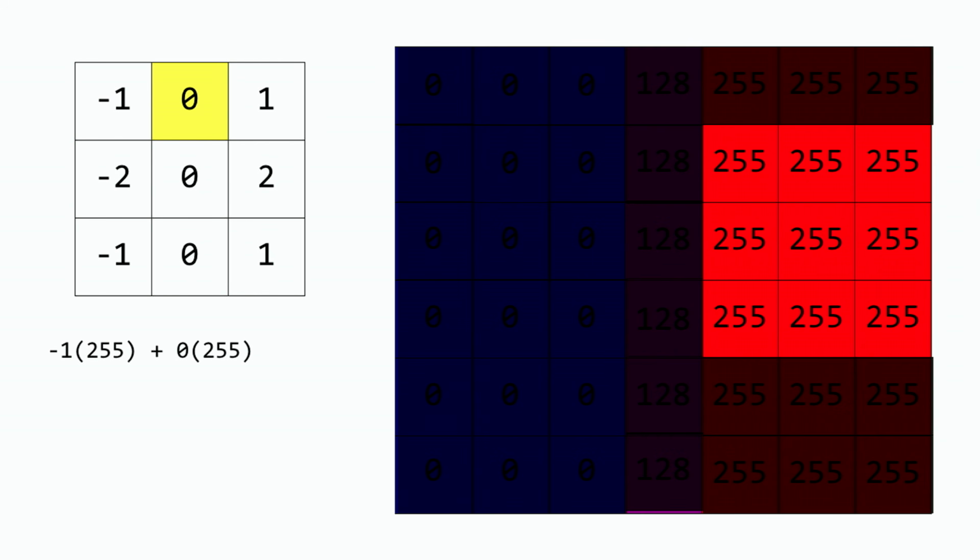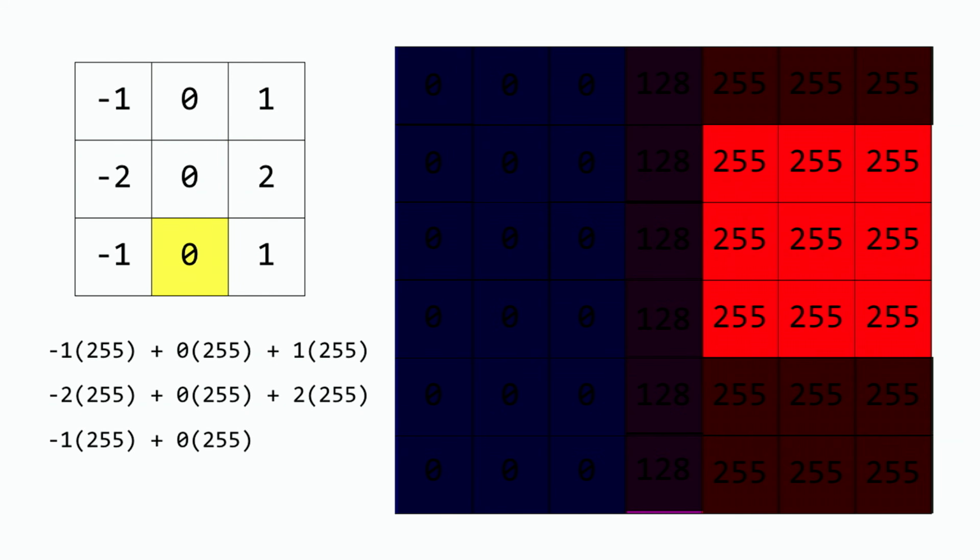The matrix says that we should multiply its value by 0, so we have 0 times 255, and then we have 1 times 255, and we're going to repeat this process of adding up -2 times the red value of the pixel on the left, which in this case is also 255, plus 0 times 255, the pixel in the middle, then the right is going to be 2 times 255, then the bottom left is -1 times 255, plus 0 times 255, plus 1 times 255.